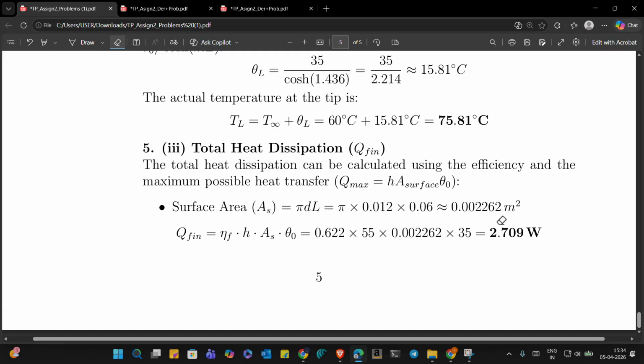With that, I would like to conclude this video. We have solved all those four problems that were necessary to get the crux of what we did in the earlier video regarding the derivations of the effectiveness parameters and the heat transfer parameters.